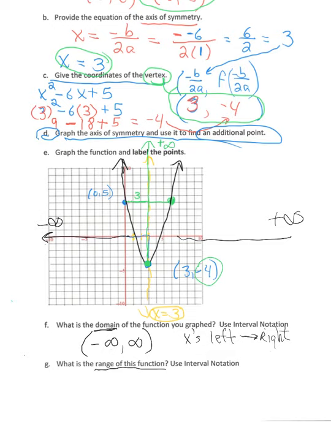Remember, the range is the y. How high up and how far down do the values go? So it goes no less than -4. So -4, and there's a solid dot at -4, you remember. The solid dot translates to be a squared off bracket, means it includes the -4, and it goes all the way up to positive infinity, and we use an open parenthesis for that.